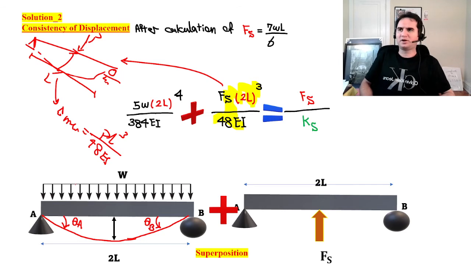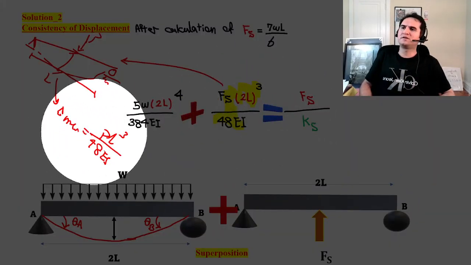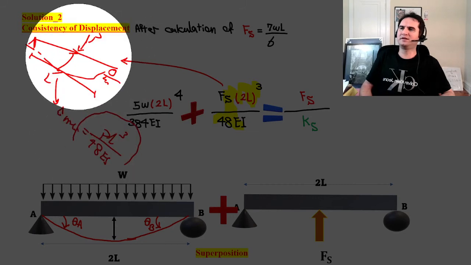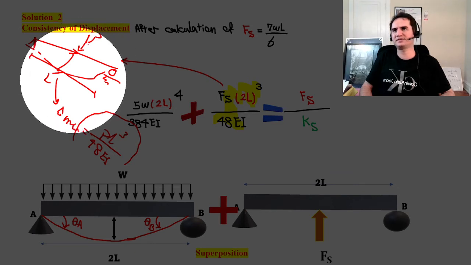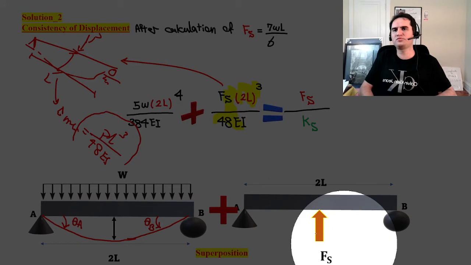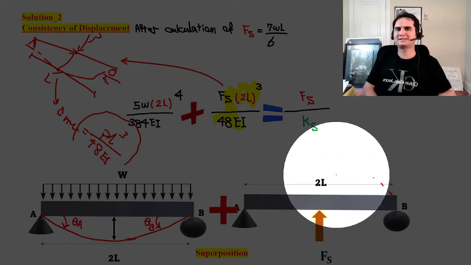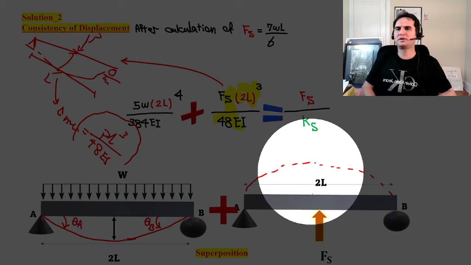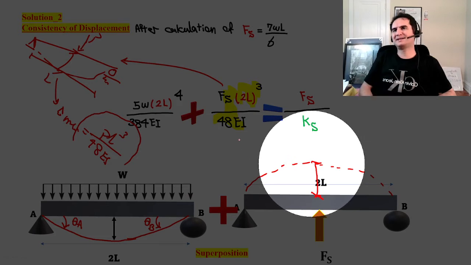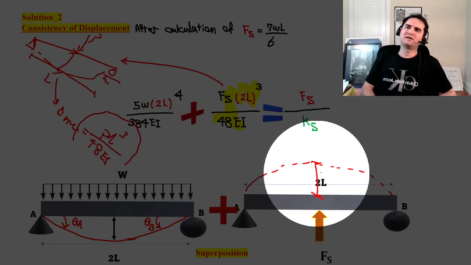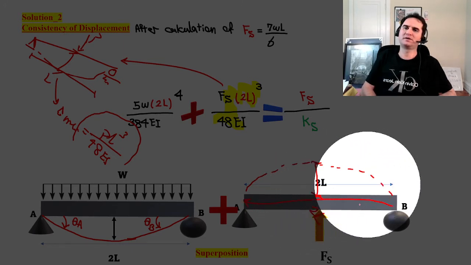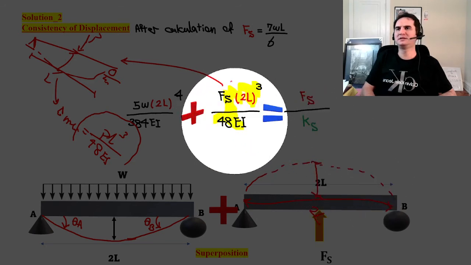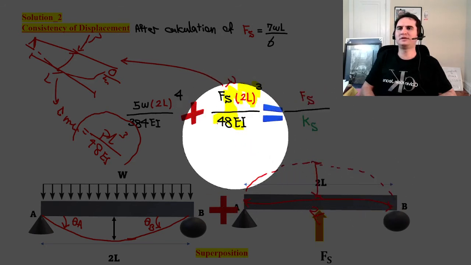Again, I will provide you with the link to see how you can calculate the effect of a two simple support beam handling a concentrated load at the center. The only difference here is our push is upward. So that's our deformation, that's our delta max. The length of the beam is 2L, so that's P(2L) cubed over 48 EI.